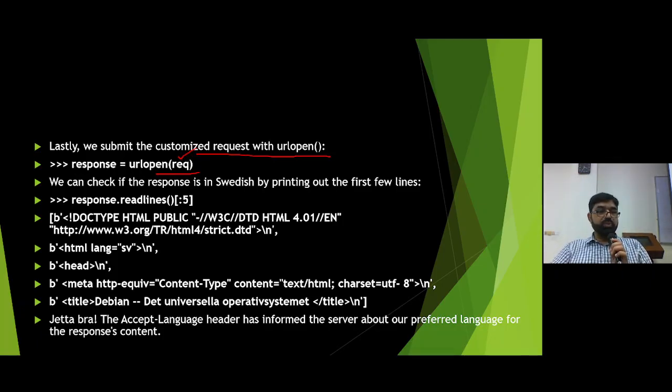We can check the response in Swedish by printing lines. This response is in Swedish, and for that purpose you can do a very simple experiment. Just Google which servers respond in multiple languages. You will find different websites. You can change the language codes to Chinese, to Malay, to English, and you will get different responses from different websites.